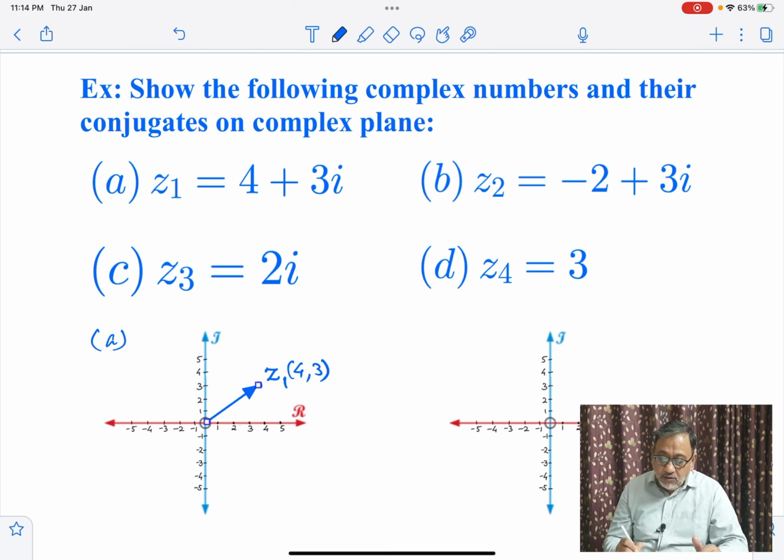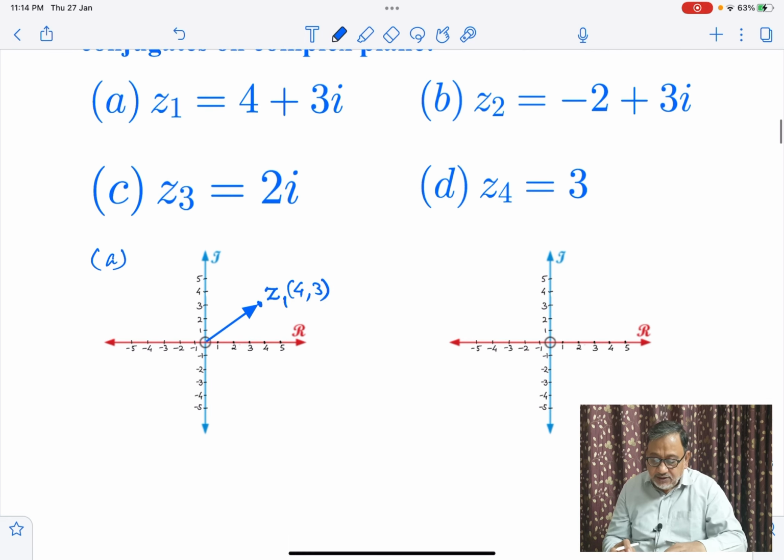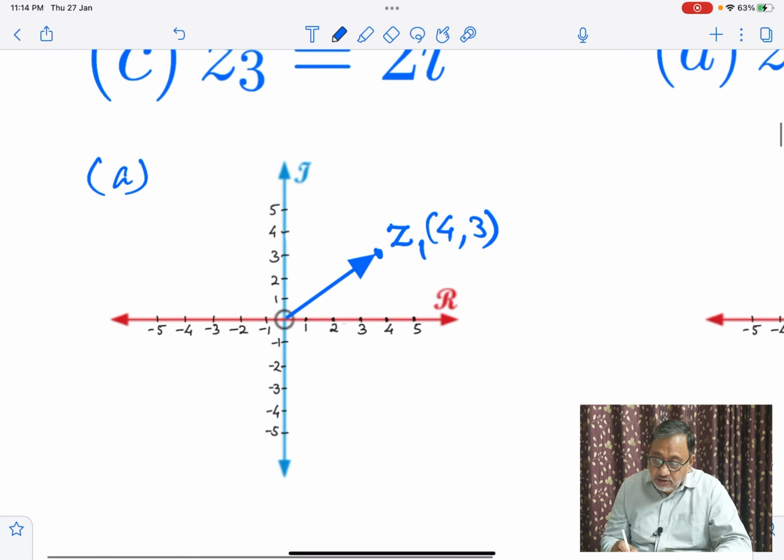Okay. Now I am going to represent its conjugate also. So it will be the reflection in the real axis. Okay. So 4 comma 3 will become 4 comma minus 3, this 3 will become minus 3. So 4 is here like this, 4 and comma minus 3.